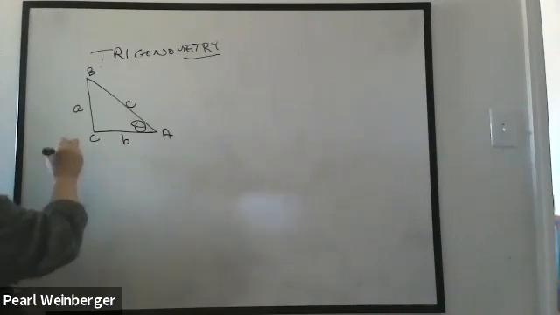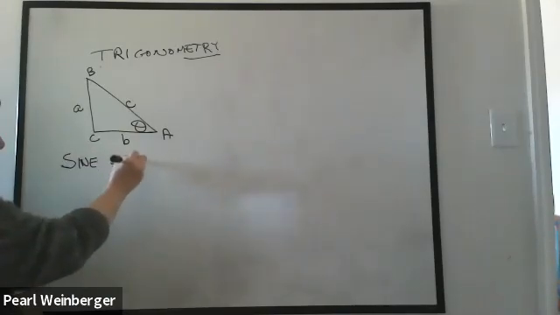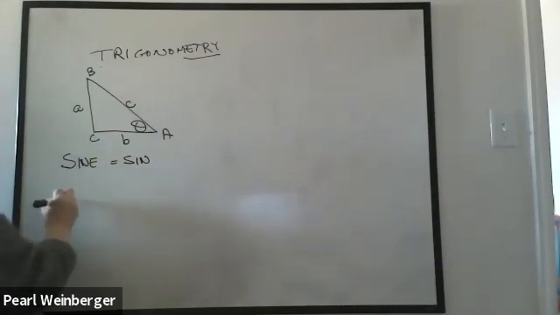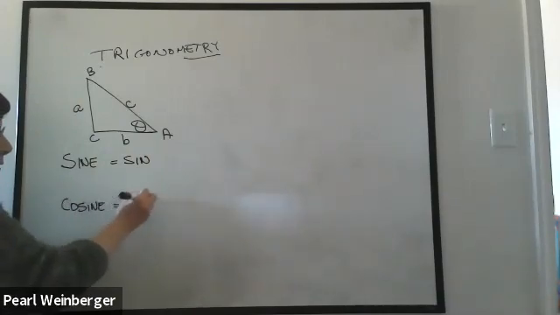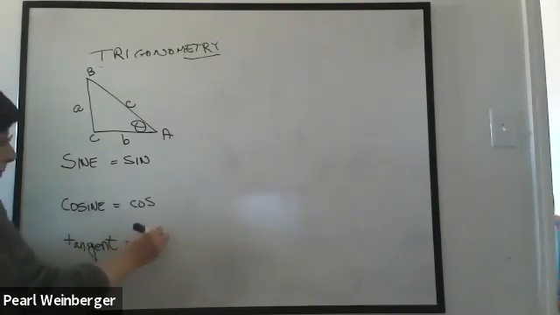The 3 primary trigonometric values are called the sine, which is abbreviated SIN, the cosine, which is abbreviated COS, and the tangent, which is abbreviated TAN.